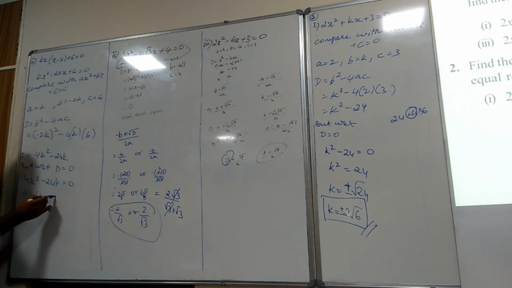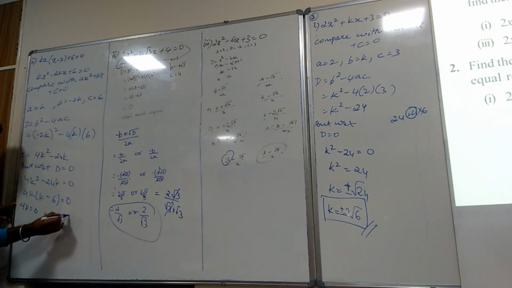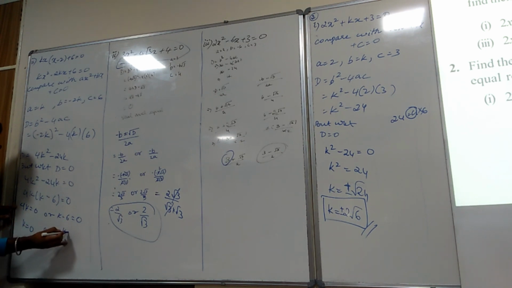k minus 4k power, k pending, it is 6 will come. So either 4k is equal to 0 or k minus 6 equal to 0. 4k is equal to 0 gives k is equal to 0, or k minus 6 equal to 0 gives k is equal to 6.